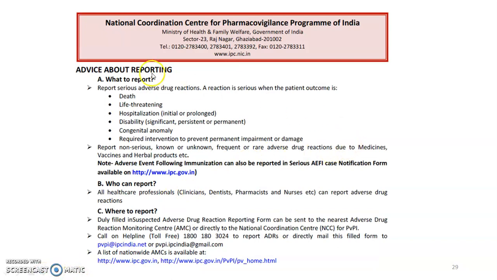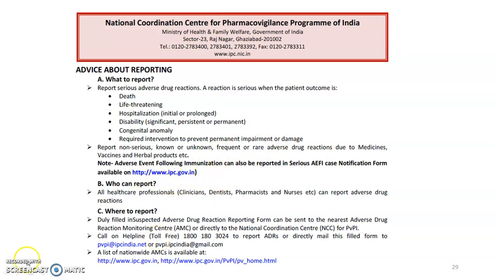Then, as I discussed, we can report all serious adverse drug reactions, and this is a reporting page taken and released by the Ministry of Health and Family Welfare, Government of India, from Ghaziabad. Here they clearly say that you can directly find any particular information on the website.